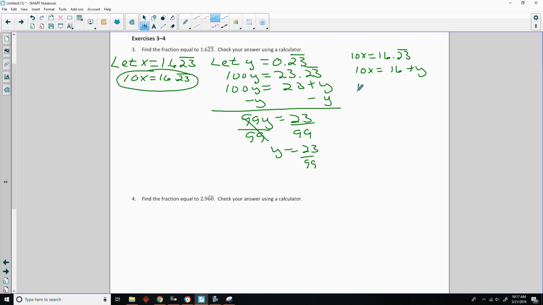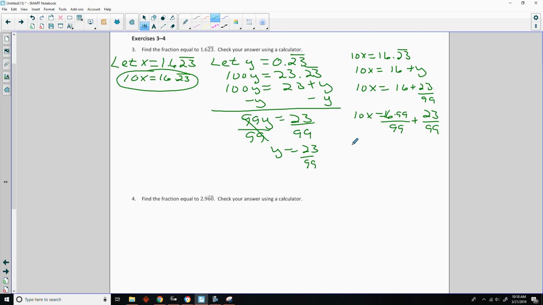So 10x equals 16 plus 23/99. So I'm going to multiply 16 by 99/99, which is 1. So I can do that legally. 16 times 99 divided by 99 is the same as saying 16. So I'm going to leave this piece alone.